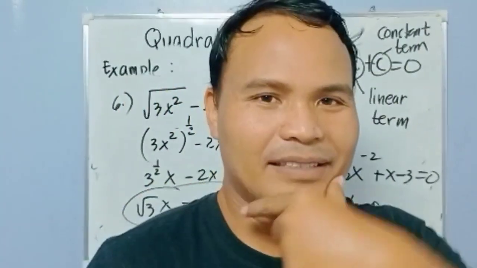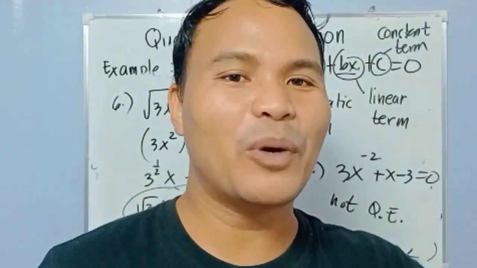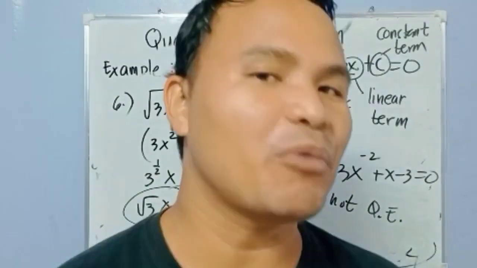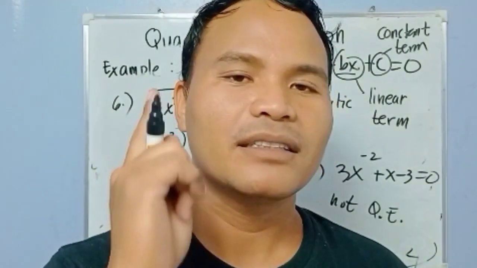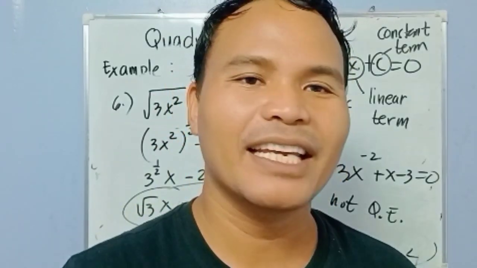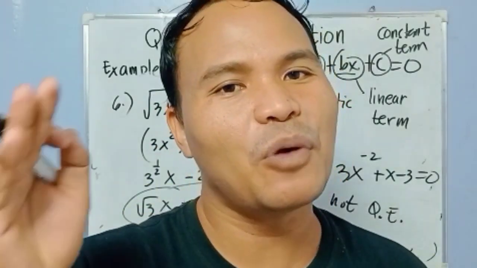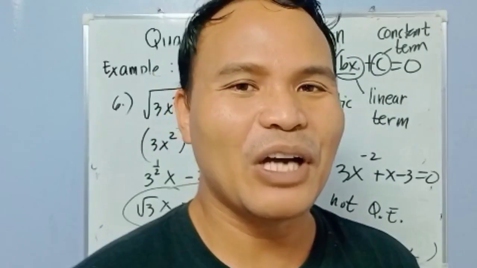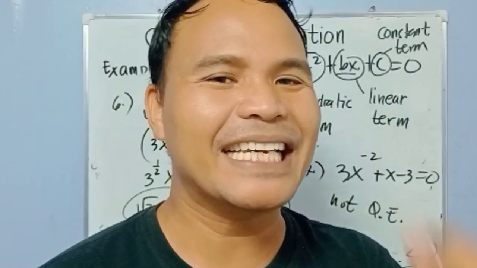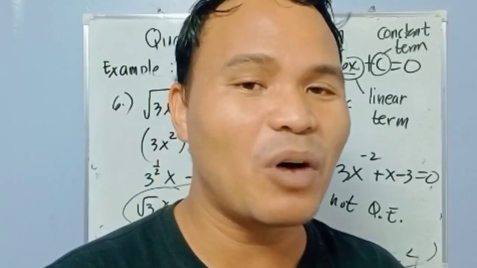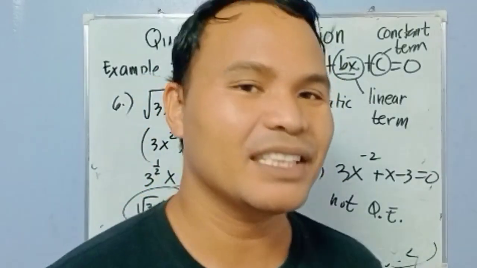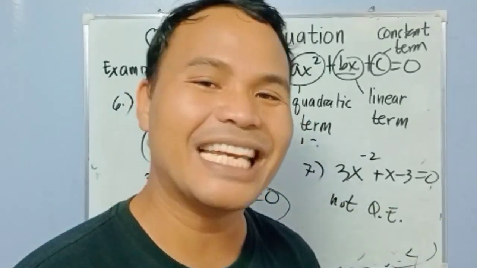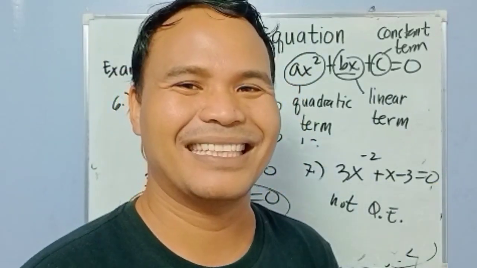Going back to our definition that I said earlier, a quadratic equation is a polynomial equation. When we see polynomial, the exponent should be an element of whole numbers. If your exponent is not an element of whole numbers, whole numbers being 0, 1, 2, 3, 4, there should be no negative. Here we have a negative, so this is not a quadratic equation.